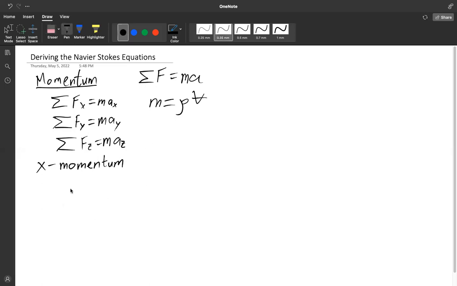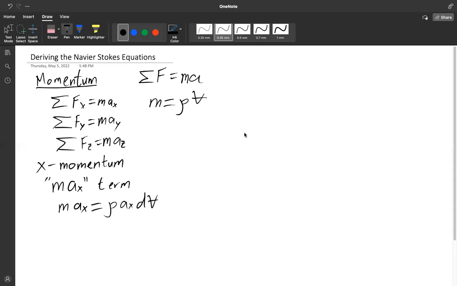So taking a look at the mass times acceleration term, we know that m ax equals rho ax times dv.